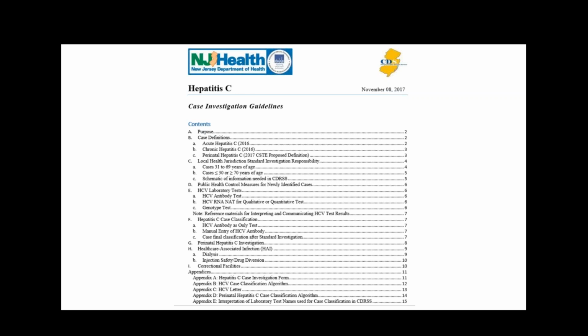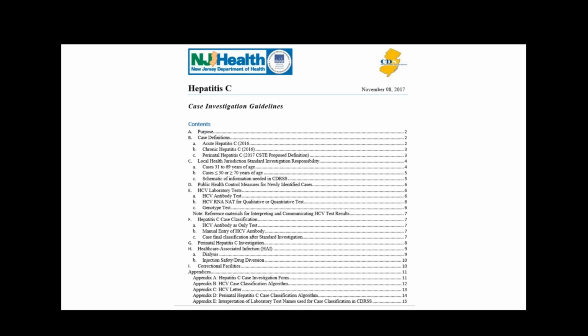This guideline aims to provide the process for investigating and classifying cases reported with HCV, with a focus on the identification of instances in which limited resources are most likely to have a positive public health impact.